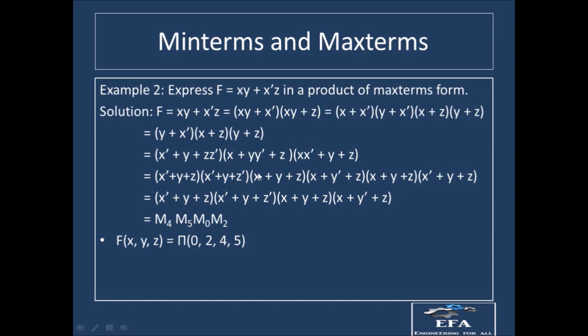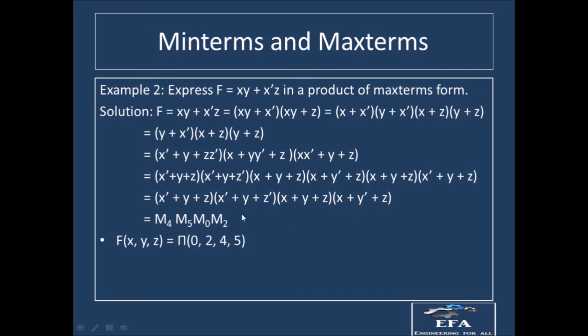Now we again need to find which terms are repeating. The term x bar plus y plus z is repeating, while the others are not repeating. So ultimately we will have these as our expressions.